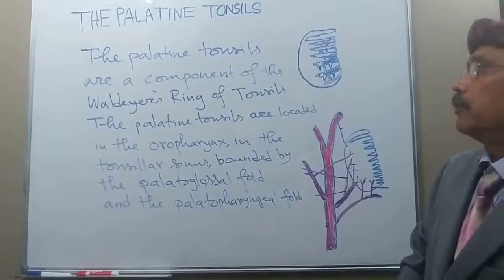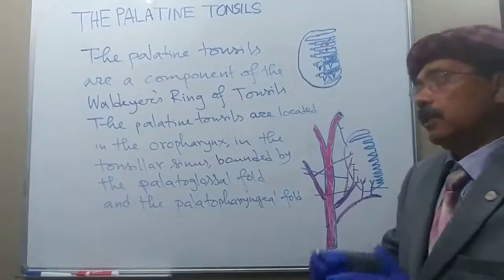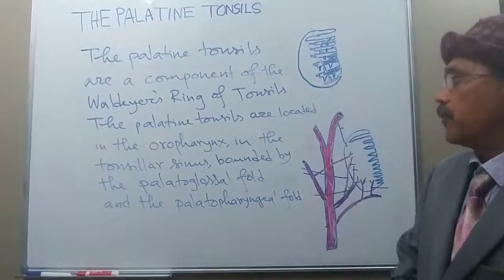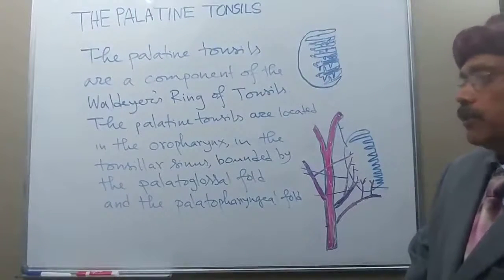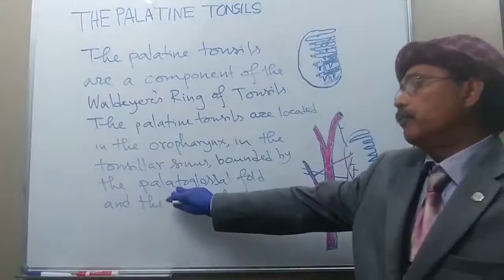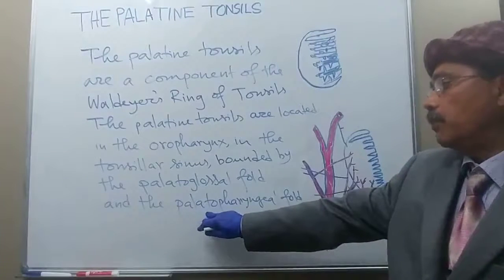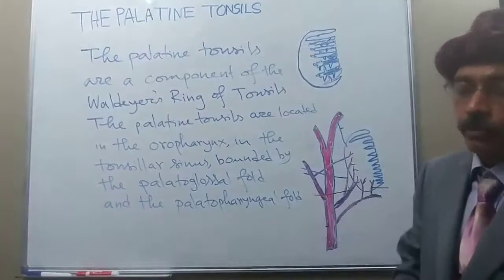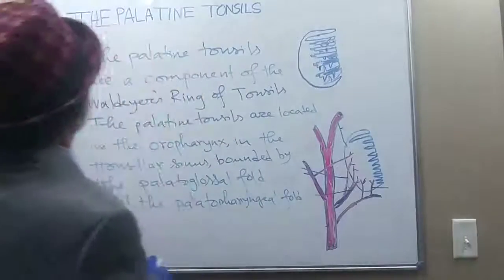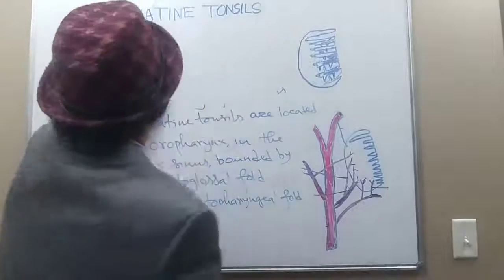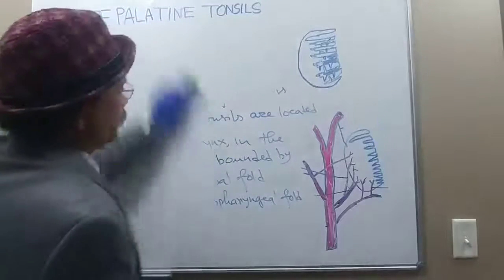We have two palatine tonsils. They are located in the oropharynx on each side in the tonsillar sinus, bounded anteriorly by the palatoglossal fold and posteriorly by the palatopharyngeal fold. So that is the location of the palatine tonsil.